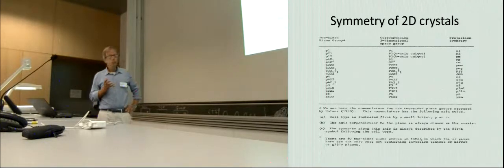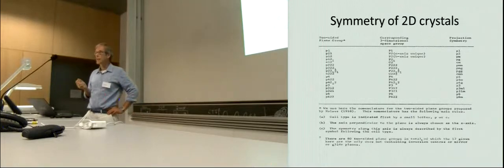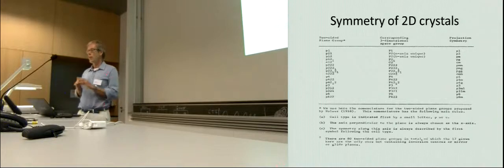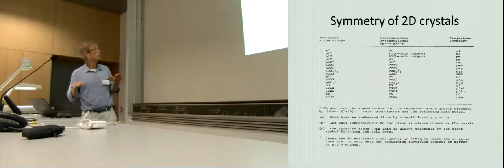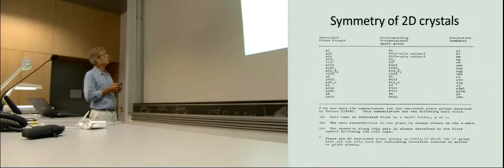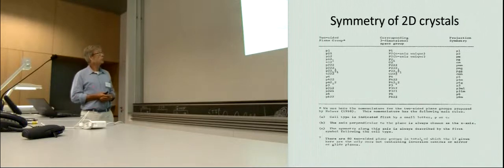And then come the symmetry operations, and in general, in electron microscopy, we like to have the first symmetry operation be the operation which is perpendicular to the plane of the crystal. So, for instance, the 2 here means a twofold rotation perpendicular to the plane of the crystal.